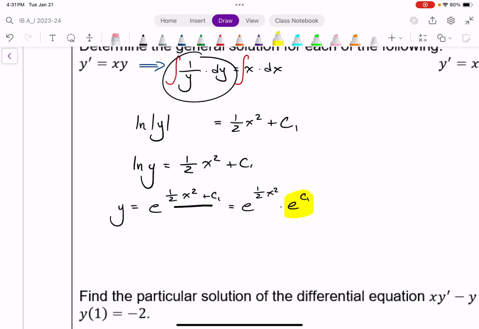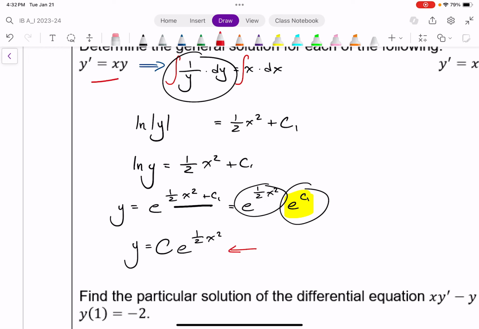And so instead of adding more and more little 1s and 2s and 3s to my c's, I'm going to write this as y equals c, just some constant, e to the power of some number, I'll just call that c, times e to the 1/2 x squared. And this is what we call the general solution to this differential equation we gave here. This is our general solution.